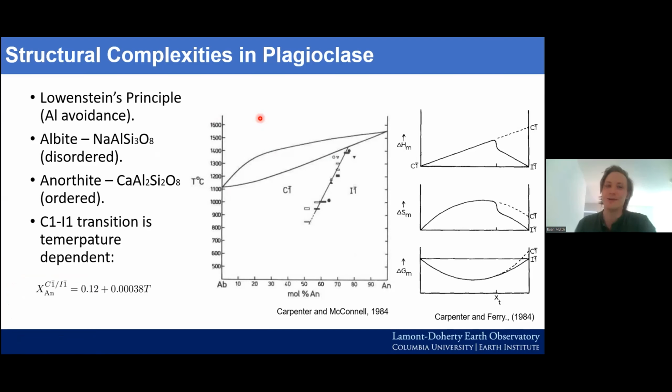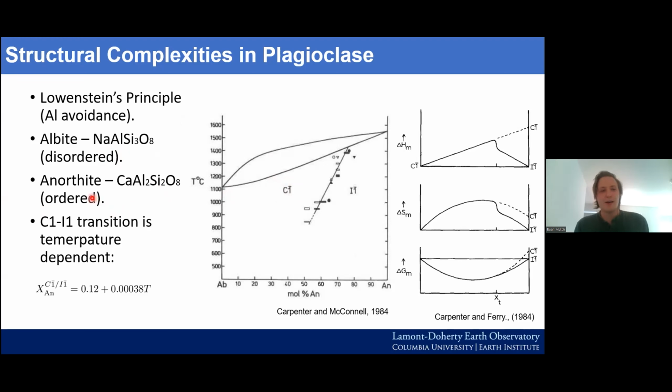It wants to avoid other aluminiums in the structure at all costs. So for one end member, say albite, where we have a formula of 1 aluminium to 3 silicons in the tetrahedral sites, there are a lot more configurations in which you can place aluminium within the structure. This is what we call a disordered structure, or C1 bar.